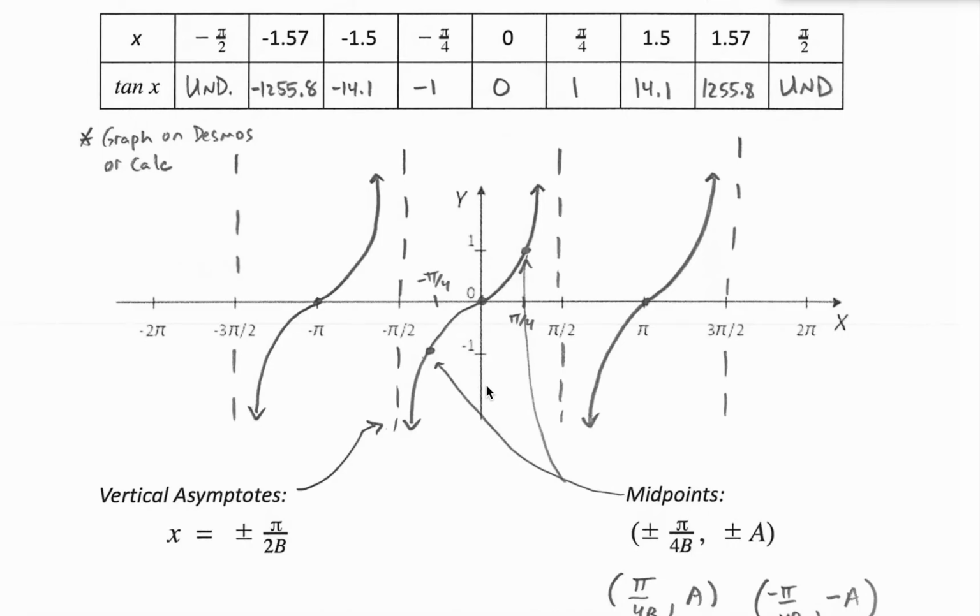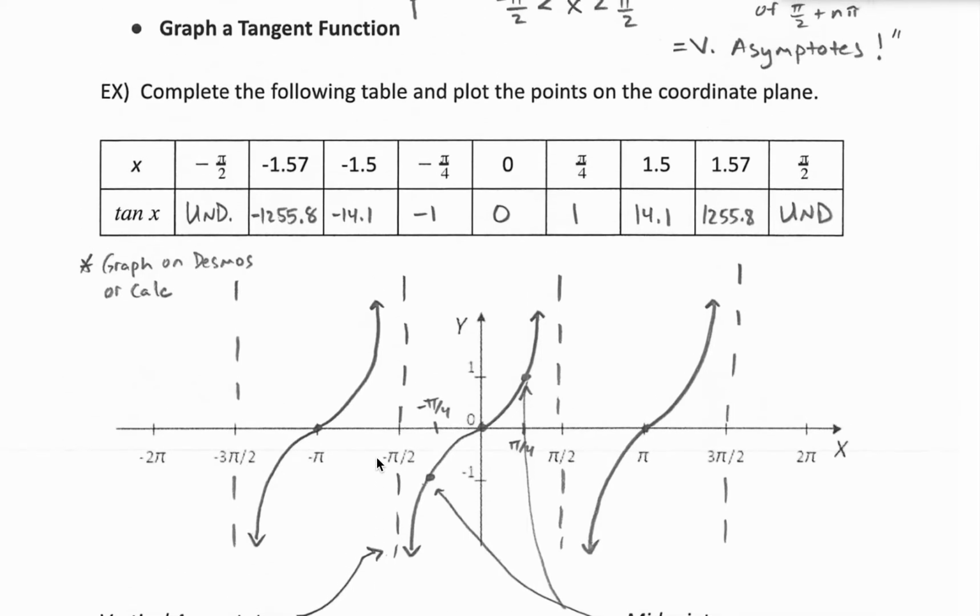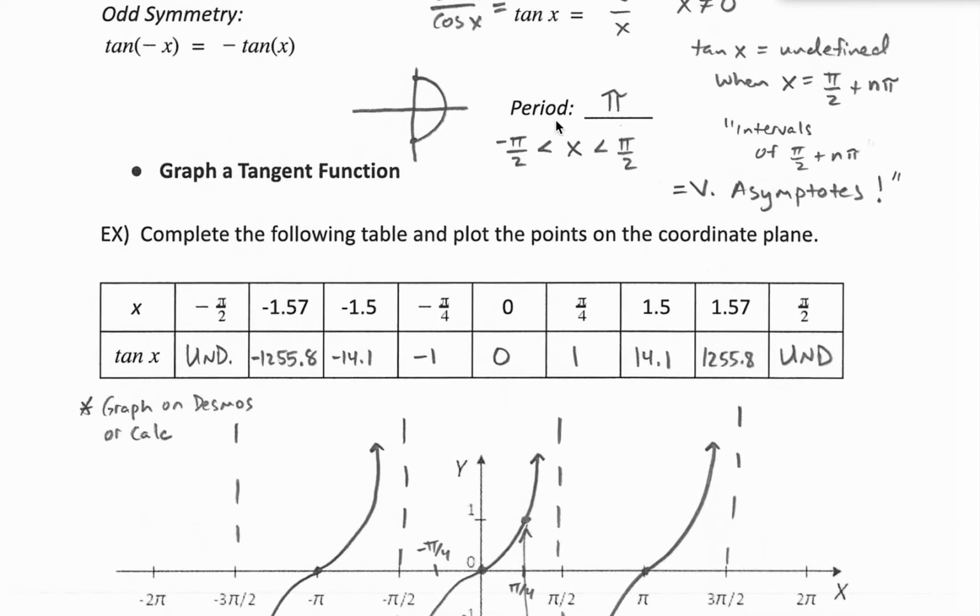There are algebraic ways that you can work with tangent. You can find your vertical asymptotes using the equation pi over 2b. Real quick, let me go back up. The period length would be pi, and if we involve stretches of any kind or shifts, that changes to pi over b.